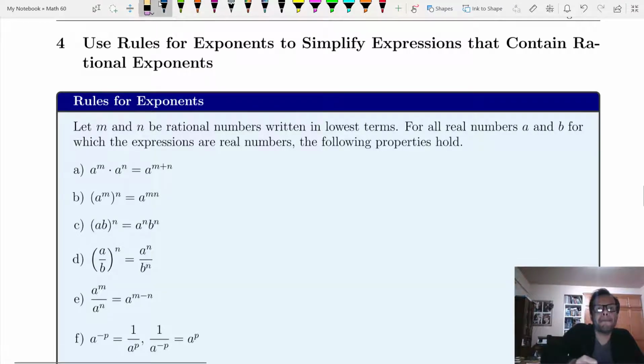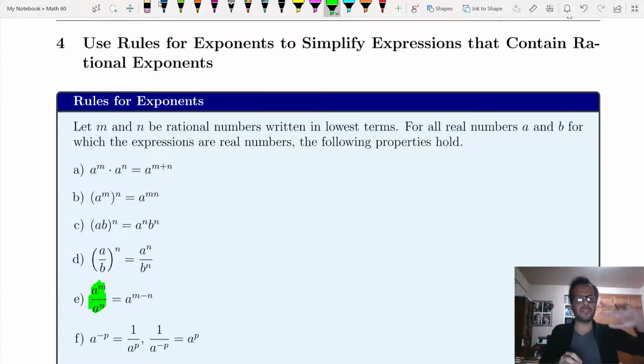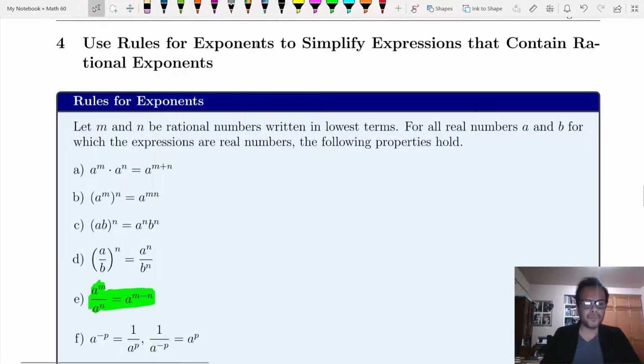And then, just like letter A, every time we have the quotient of two same bases raised to two different powers, what do we do? Subtract the powers. Subtract the power of the quantity in the denominator from that of the one in the numerator. So that's what we do here.